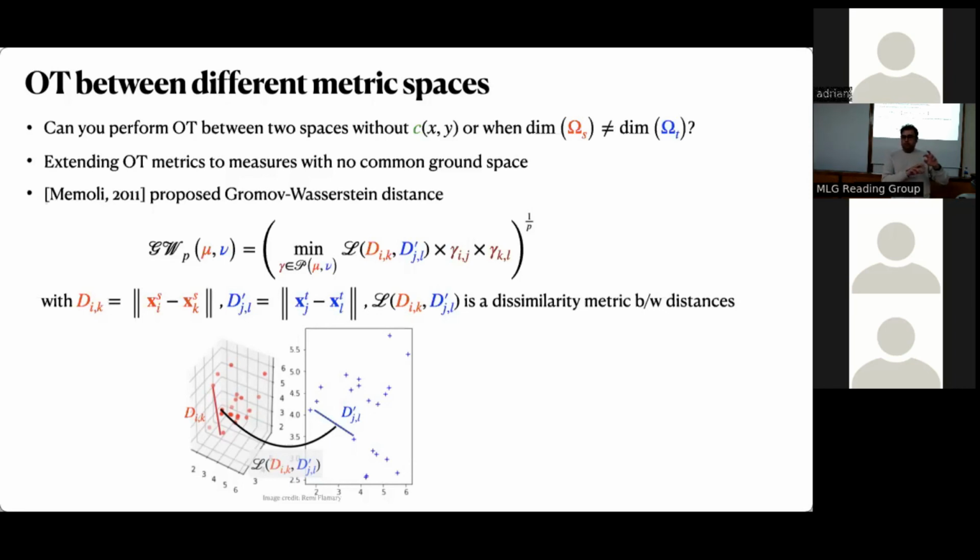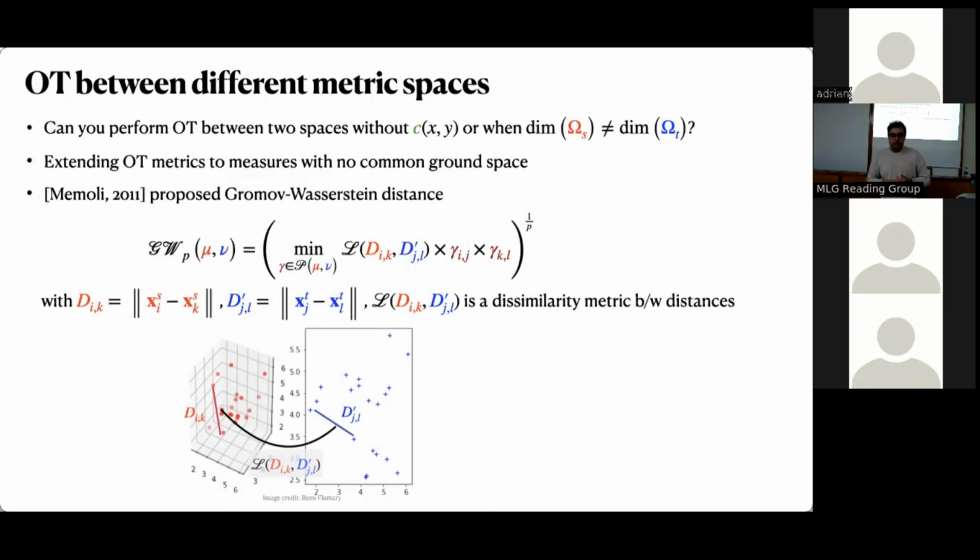So if you have a way of measuring the distance between the tip of your finger to the elbow in the 3D space, you also know what this should look like in your 2D projection in an image. And so you can say that if I have a way of measuring a distance between tip of the finger to elbow in this 3D point cloud of a person, I also have a way of measuring it in the pixel space of the image. As long as I can minimize the difference between these two distances, I can still do optimal transport.